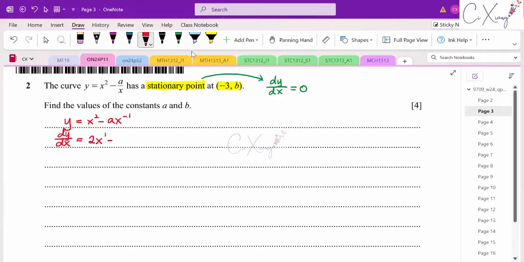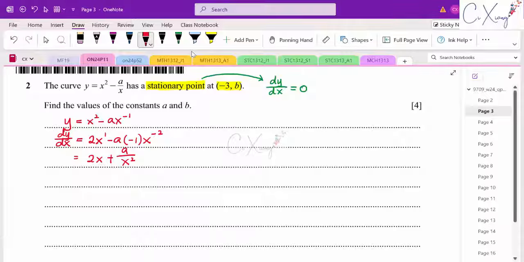Okay, then negative a is a constant, I just copy. For x power negative 1, I bring the bracket in front, becomes negative 1. Copy the x, power minus 1. Negative 1 minus 1 becomes negative 2. If I simplify this particular term here, I'll have a over x squared.